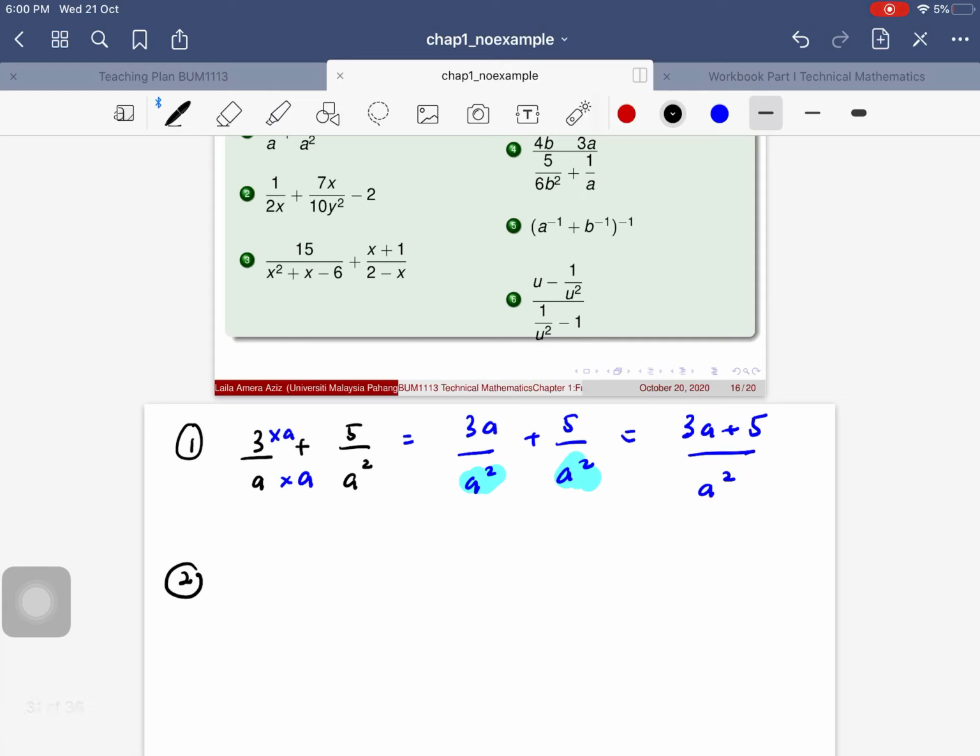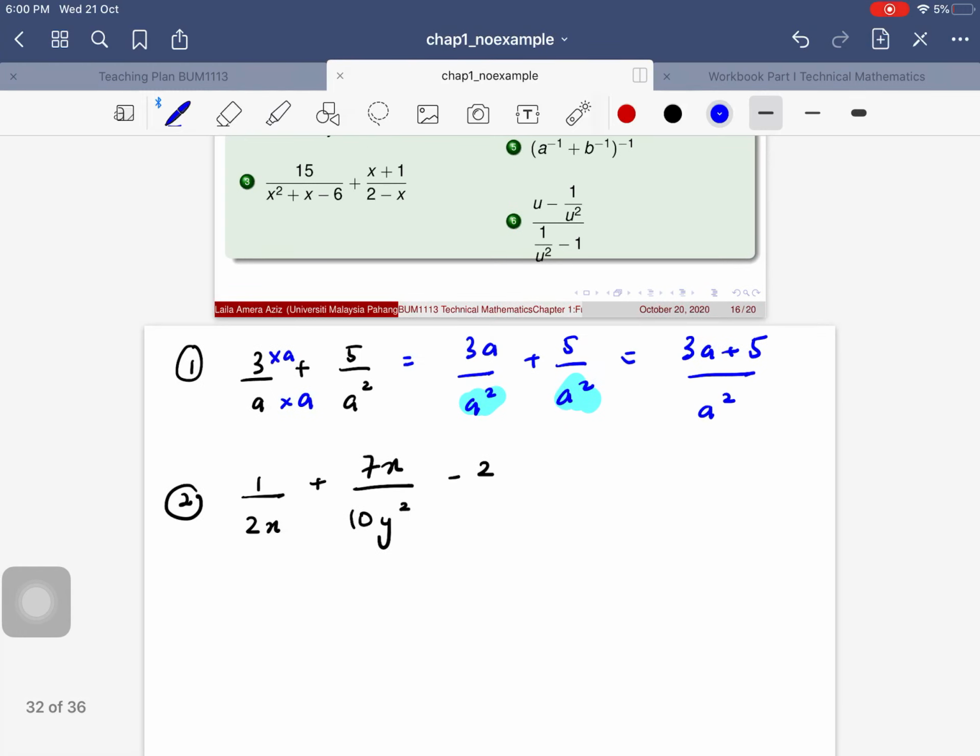Okay, second example. I have 1 over 2x plus 7x over 10y squared minus 2. And remember, when we have a constant that is not a fraction, this is actually 2 over 1. So what is going to be the common denominator?